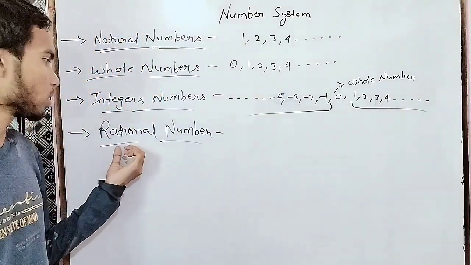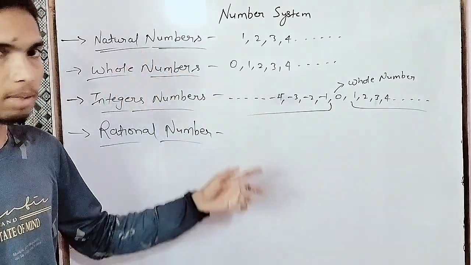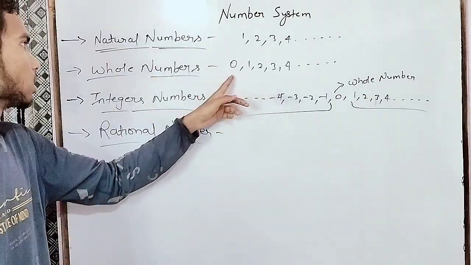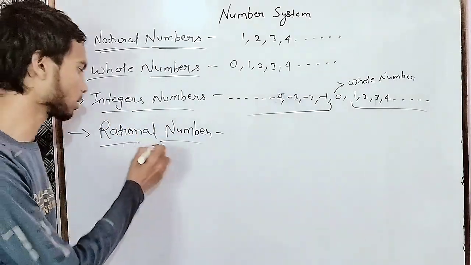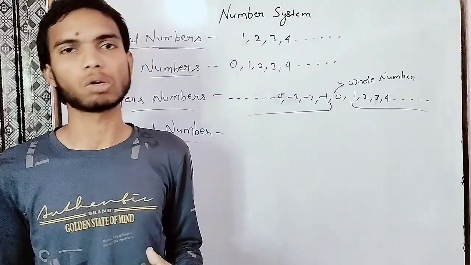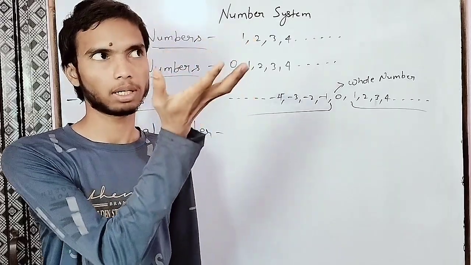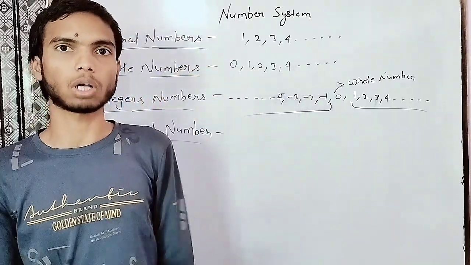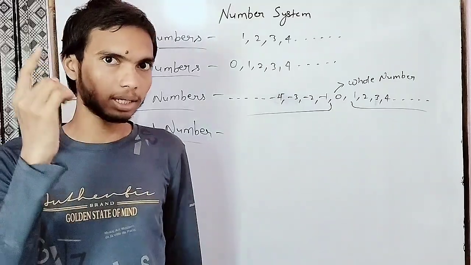This is a number, this was also a number, but the name of this number is natural, the name of this one is whole, and the name of this type of number is integer. But how will a rational number look? It will have two numbers, one upper and one down, but together seen as a unit, as a number.